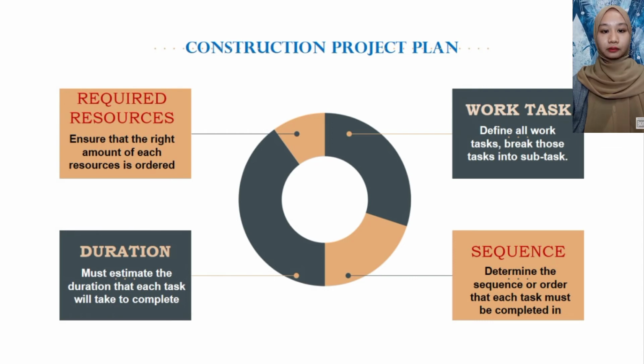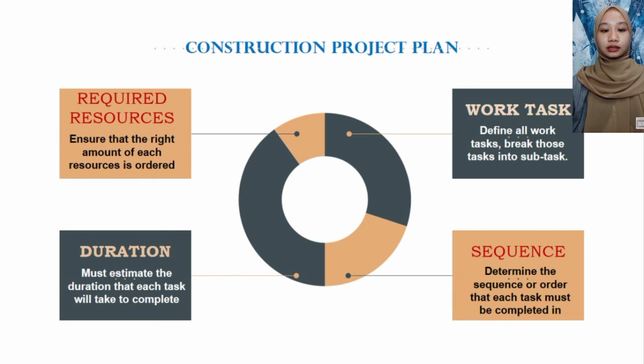to complete the project. 2. Sequence. Determine the sequence or order that each task must be completed in. 3. Duration. The project manager must estimate the duration that each task will take to complete. This is important for determining a budget after the strategic plan is in place, because an accurate duration assessment will result in more efficiency overall. 4.